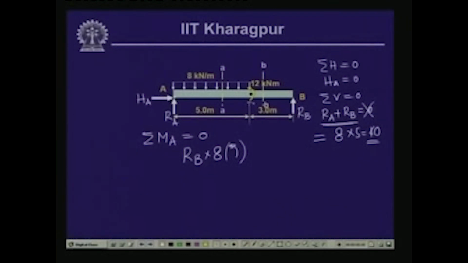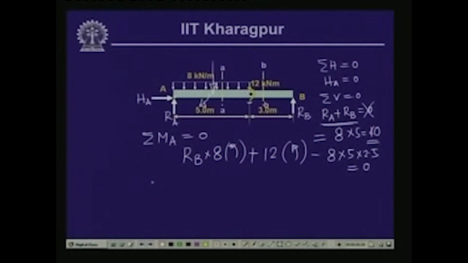Then we have an external moment which is also acting in the anticlockwise direction, which we have considered as positive. So, this is 12 kilonewton meter. Then we have this loading which is acting at the center of this length, causing a moment in the clockwise direction. So, minus 8 into 5 times 2.5. This is the moment and this equals 0.